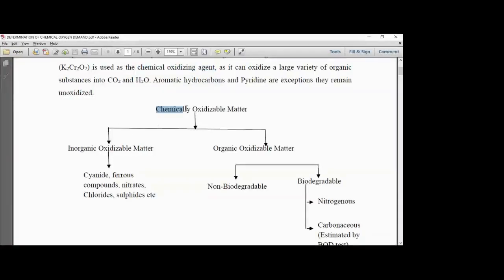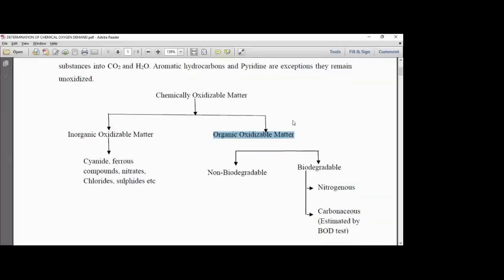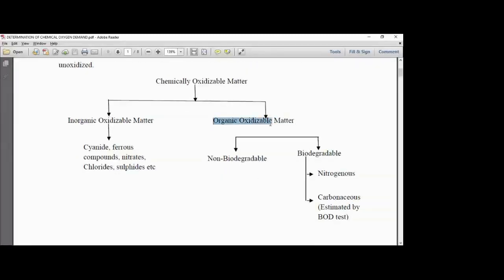So here you can see the chemical oxidizable matter. When I say oxidizable matter, it can be inorganic oxidizable matter as well as organic oxidizable matter. In organic oxidizable matter, we are going to deal with the non-biodegradable and the biodegradable as well. And in inorganic oxidizable matter, we are going to deal with the cyanides, ferrous compounds, nitrates, chlorides, sulfides, everything.